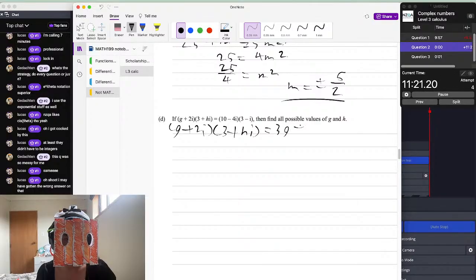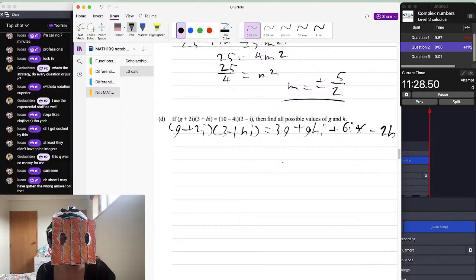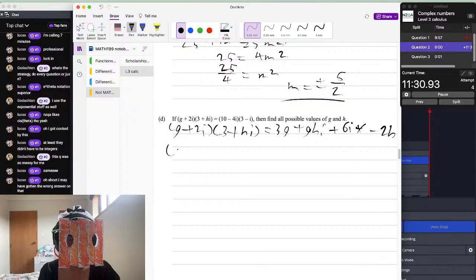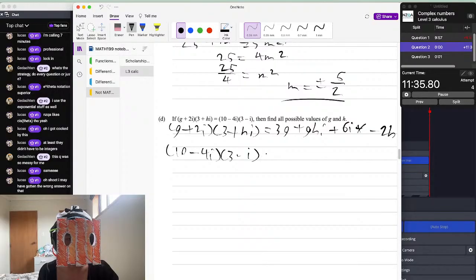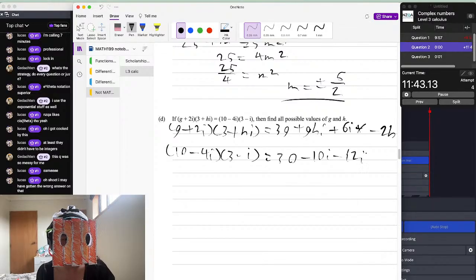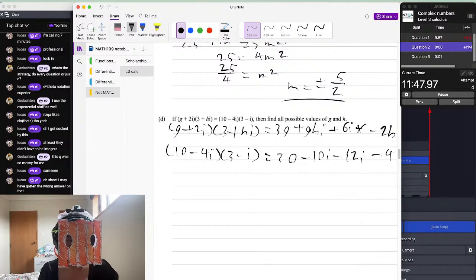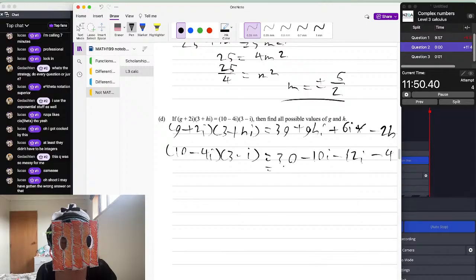That will give us 3g plus ghi plus 6i minus 2h, and the right hand side will be 10 minus 4i times 3 minus i, which equals 30 minus 10i minus 12i minus 4, and that simplifies to 26 minus 22i.